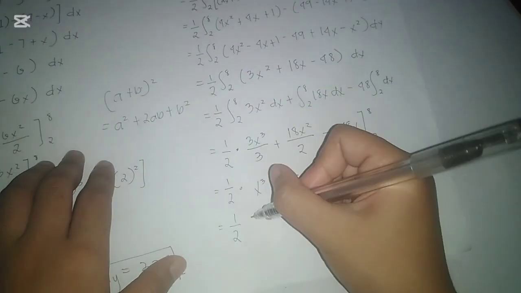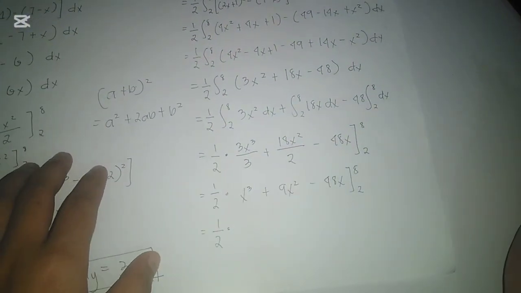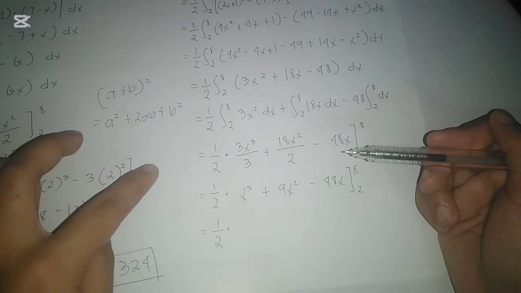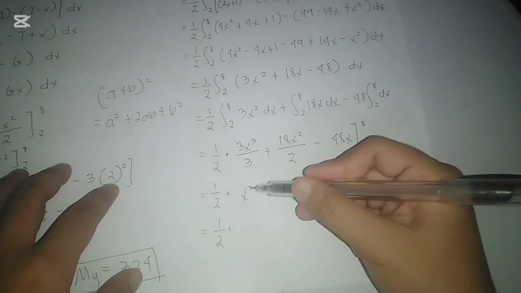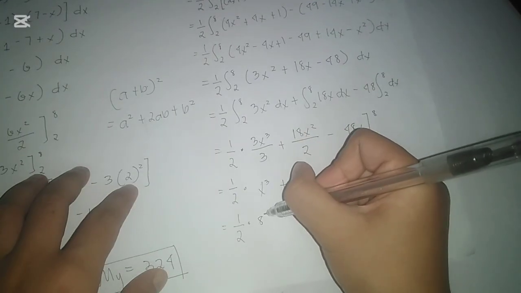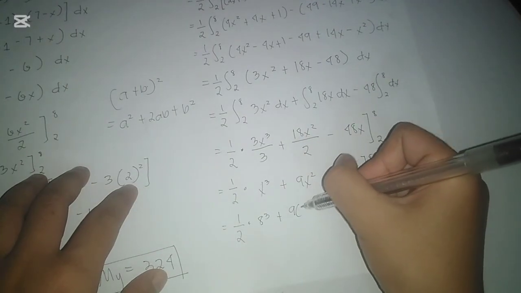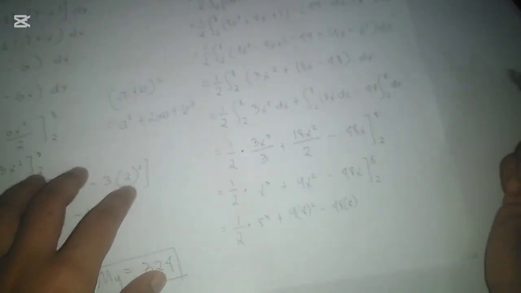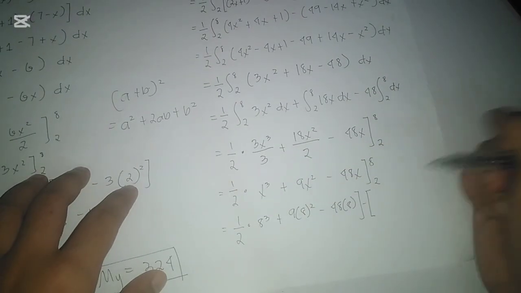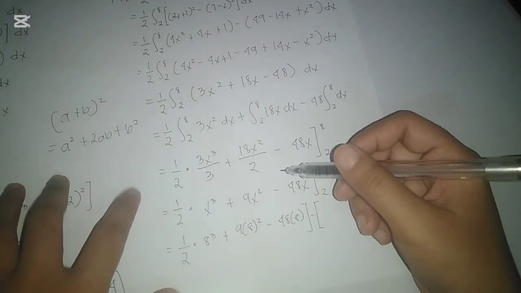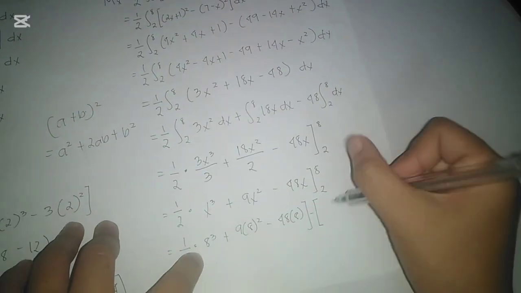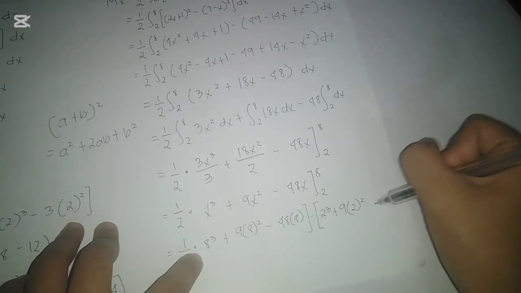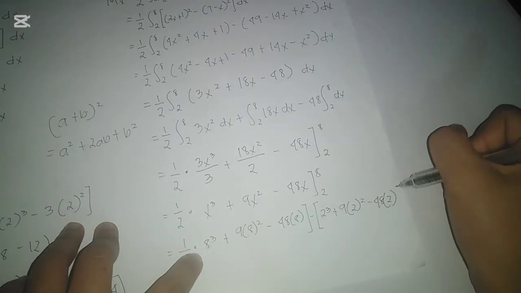So 1/2, we're going to substitute 8 and 2 for x, and after substituting it, we're going to subtract. So we substitute x with 8: 8 cubed plus 9 times 8 squared minus 48 multiplied by 8, minus, substitute x by 2: 2 cubed plus 9 times 2 squared minus 48 multiplied by 2.